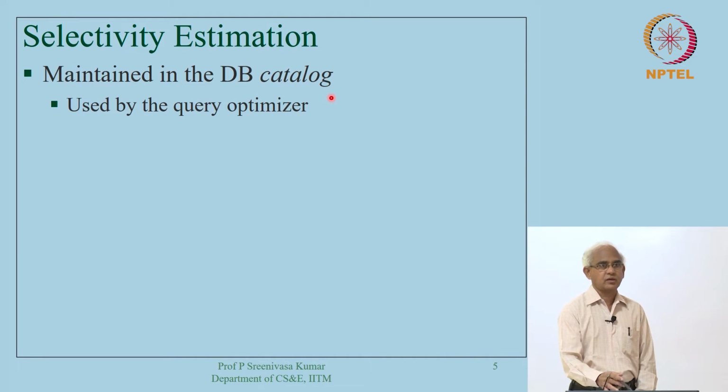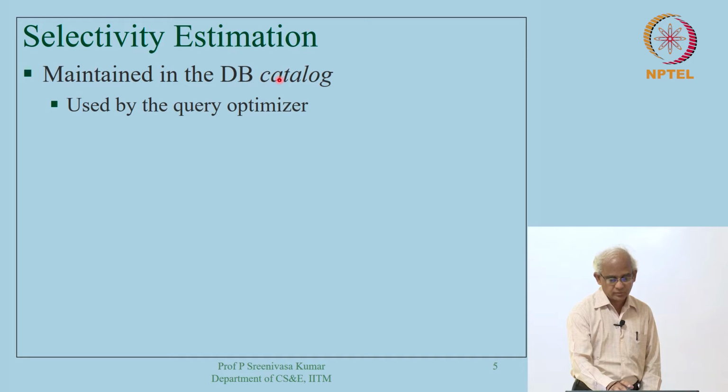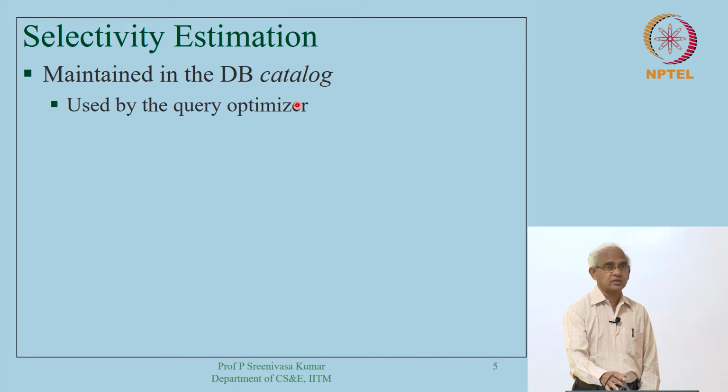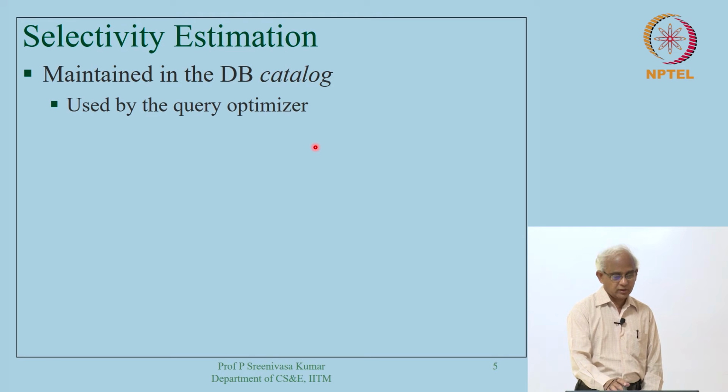In a database catalog, along with lots of other metadata of the database, we will also maintain these statistics about the various selection conditions that are being used in queries. These statistics will generally be used by the query optimizer. As the database keeps running and answering various ad hoc queries, on the side it will also keep track of these selectivity values.